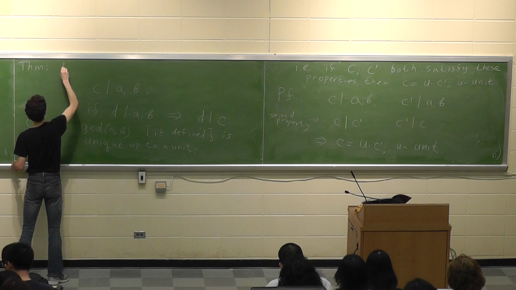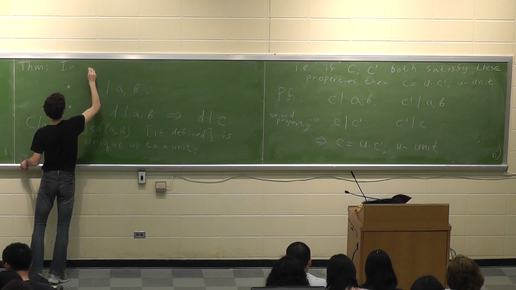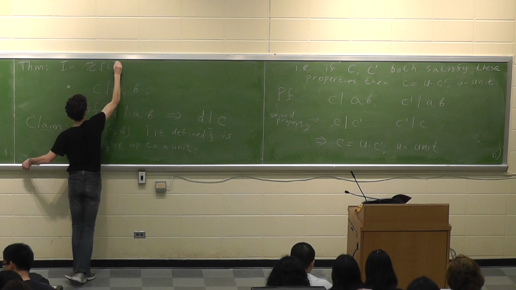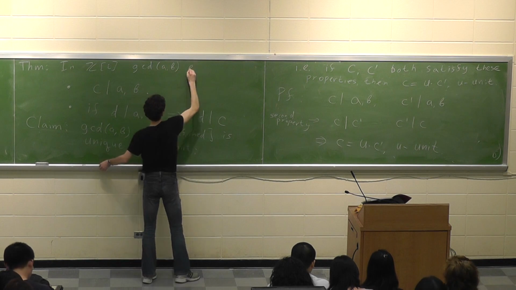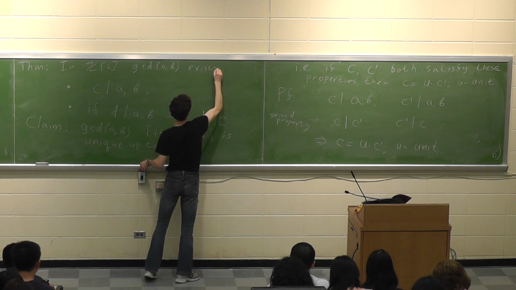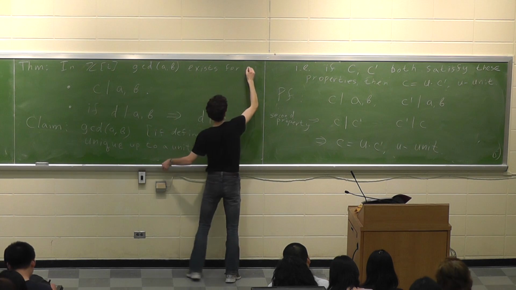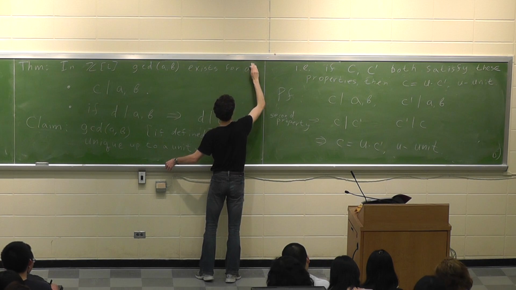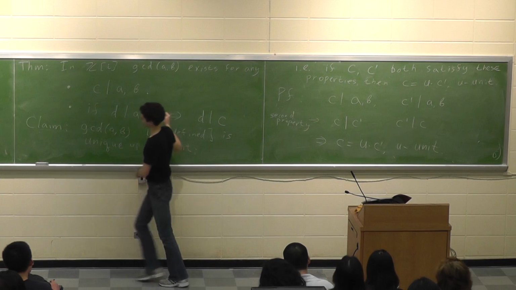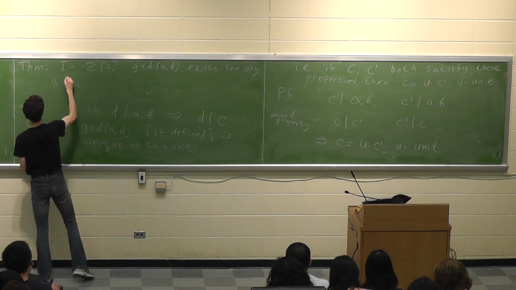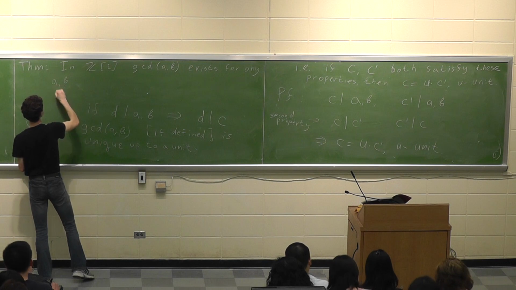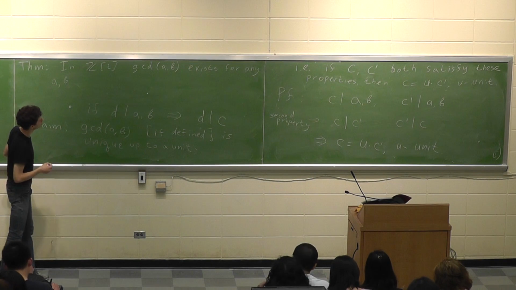in Gaussian integers, GCD of A and B exists for all, or maybe non-zero.